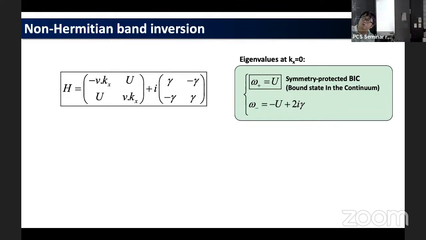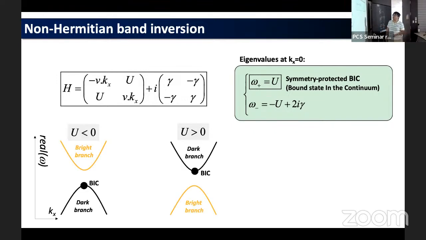So when kx equal to 0, we have the same losses and the same frequency. The detuning of losses and detuning of frequency are equal. So we should expect a bound state in the continuum is the case. One of the modes will be a purely real eigenvalue, so this is lossless, and the other mode takes all the losses, so 2 gamma. So how do we draw it?